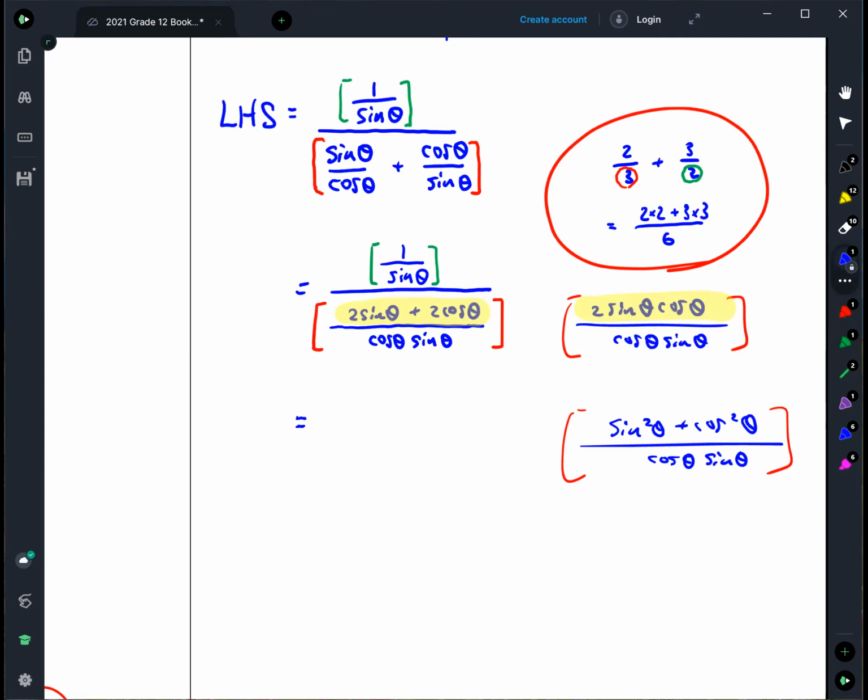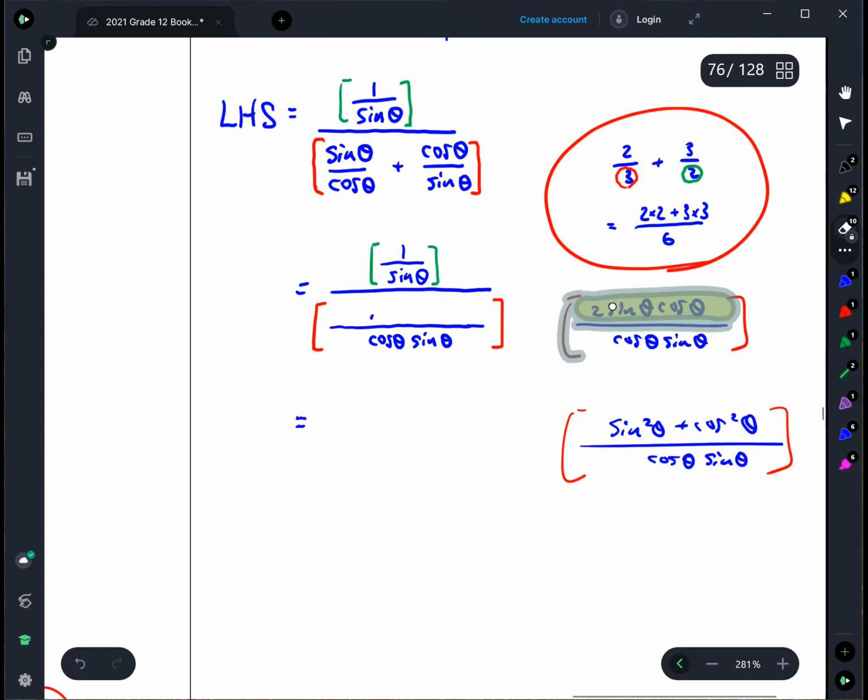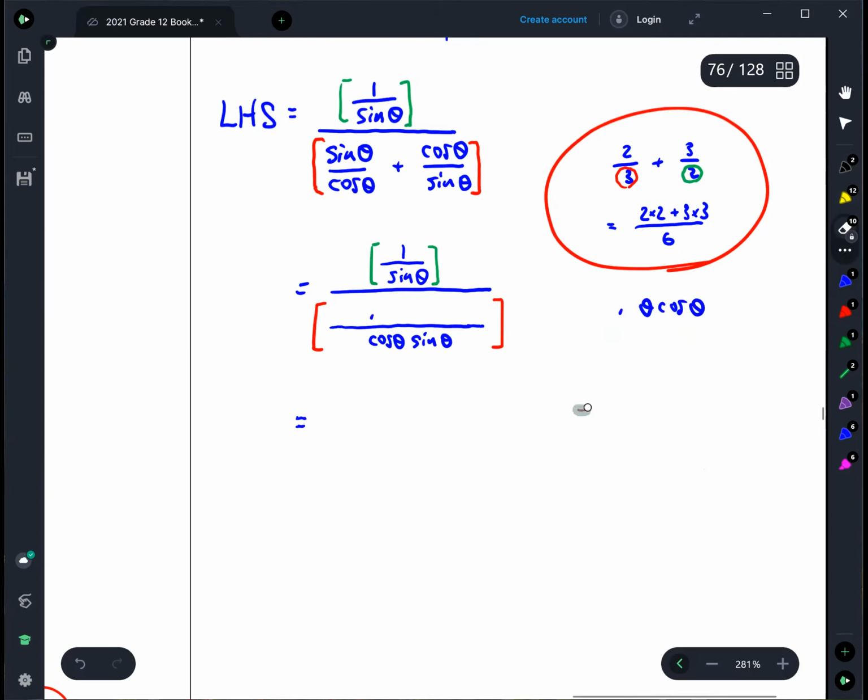So same thing with the sine cosine here. Let me erase them, okay? Erase all these. Because with numbers, you know what to do, but with the letters, sometimes you feel confused. You compare this fraction, okay? I highlighted here, yellow highlighted.